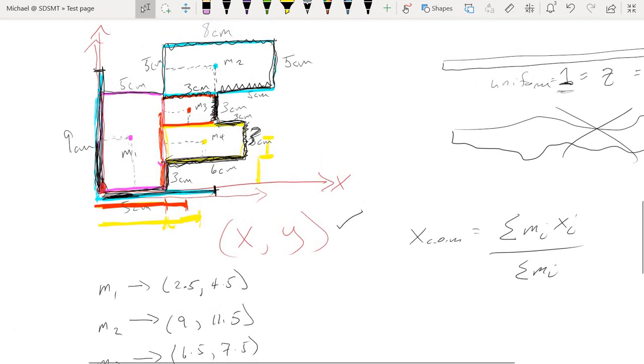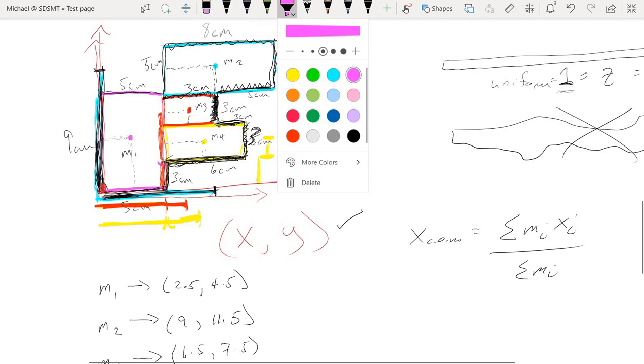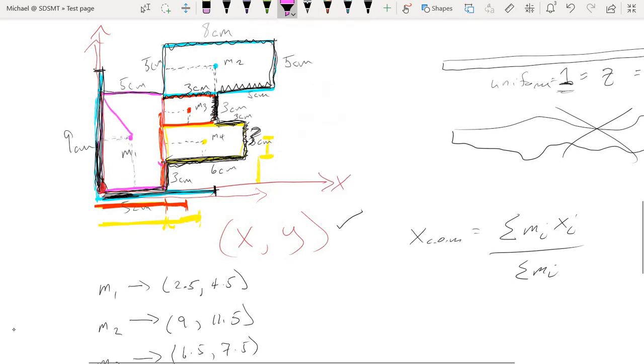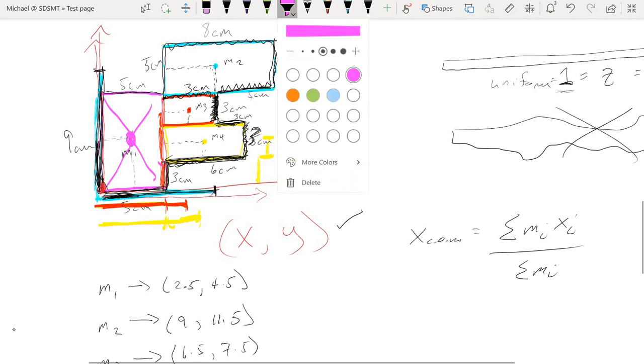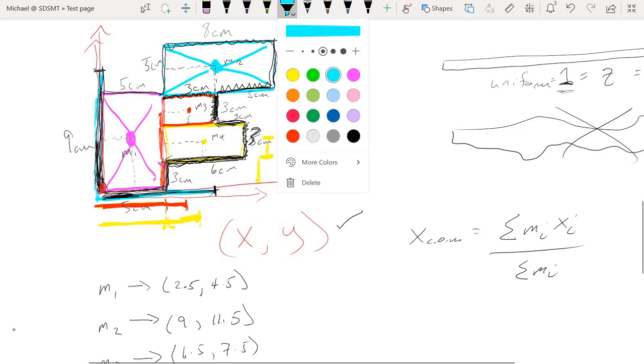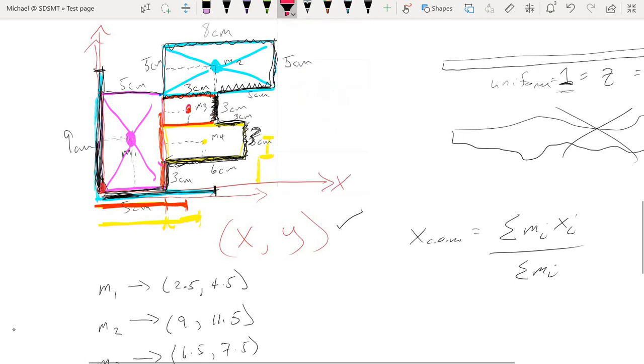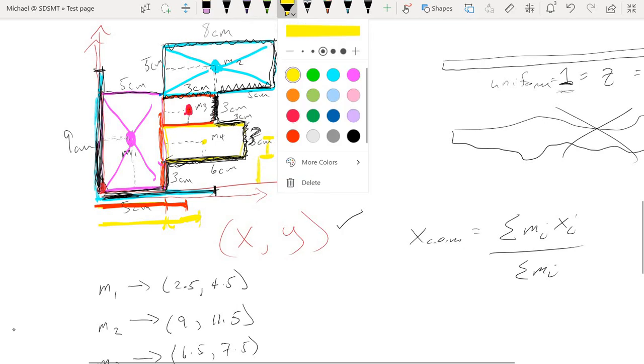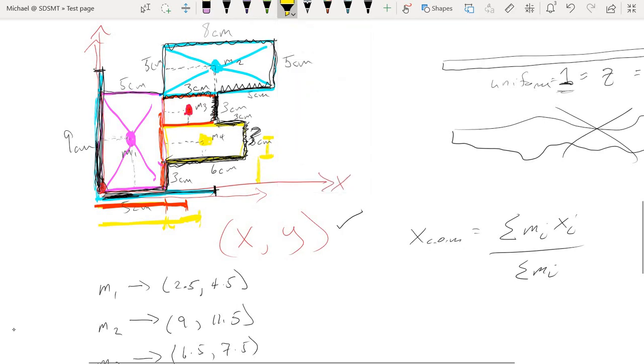The way this is going to work is we're going to assume that all of the mass for mass 1 has been concentrated into that point. All of the mass for mass 2 has been concentrated into that point. And for mass 3, it's all been concentrated into that point.